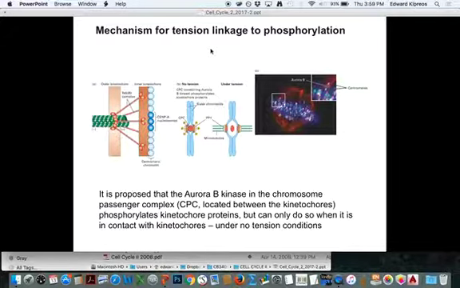But when there's tension, it's pulling the kinetochore away from the CPC structure that has the Aurora B kinase. So the kinase can no longer touch its substrates, okay? So anyway, this is what people think is happening based on these observations where they see this kind of separation while they're under tension. So that's the idea for how that tension thing is worked out.